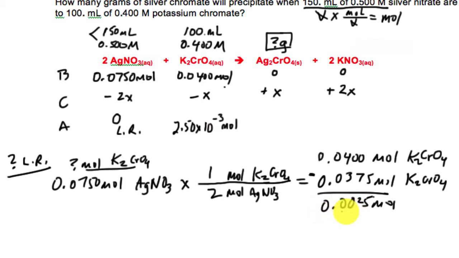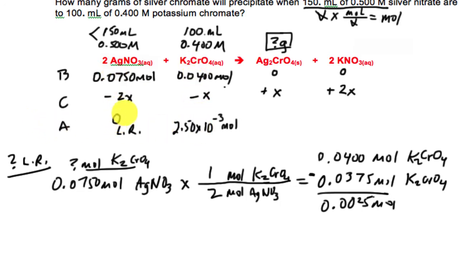As soon as I have two zeros in here, I write it in scientific notation because I tend to make mistakes with the zeros. If I miss the decimal, it's a nightmare. So as soon as I see 0.00, I right away try to convert to scientific notation. So this is the amount of potassium chromate left over after the reaction goes to completion.